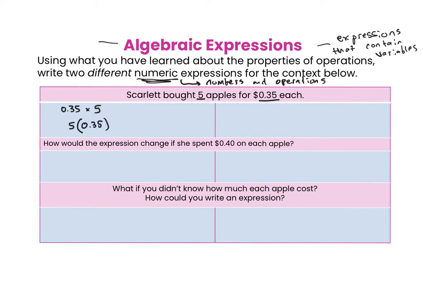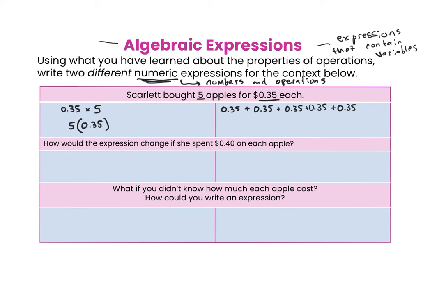I was like, okay, well, what's another equivalent expression? And Mary said, well, if she's buying 5 apples for 35 cents, that's kind of like saying, well, she spent 35 cents on one apple, and then 35 cents on the second one, and then 35 cents on the third one, and then 35 cents on the fourth one, and then 35 cents on the fifth one.